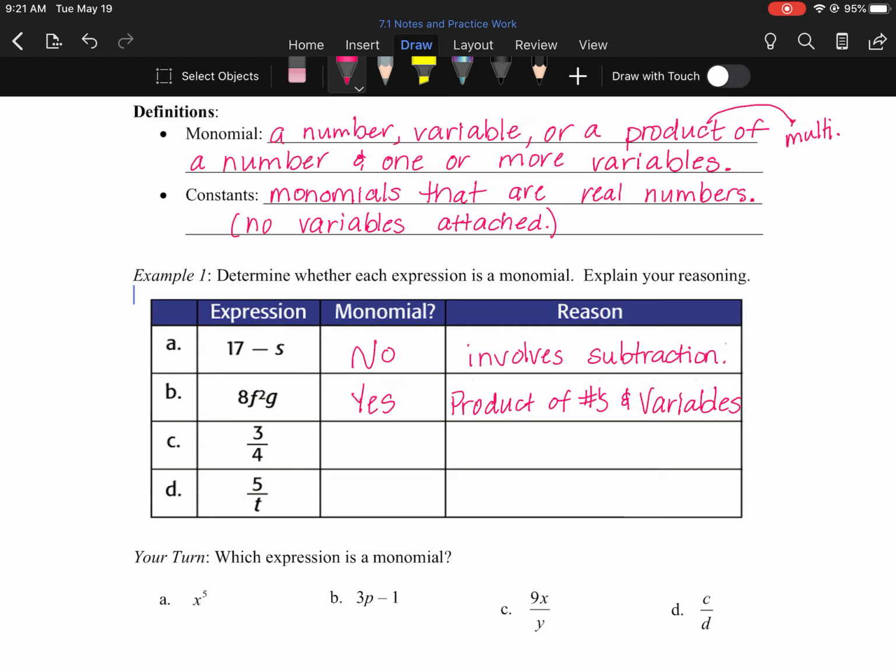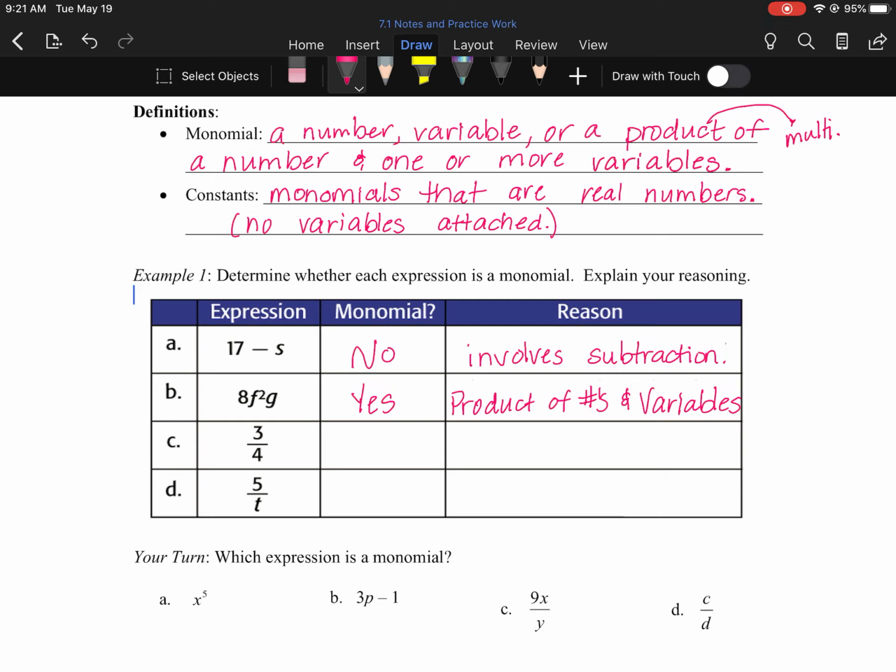All right, now letter C, the third one, 3/4. So 3/4 it's showing division there, but a monomial says it can only have multiplication. But what we need to think about in this case is 3/4, even though it's showing division, it's just a number.